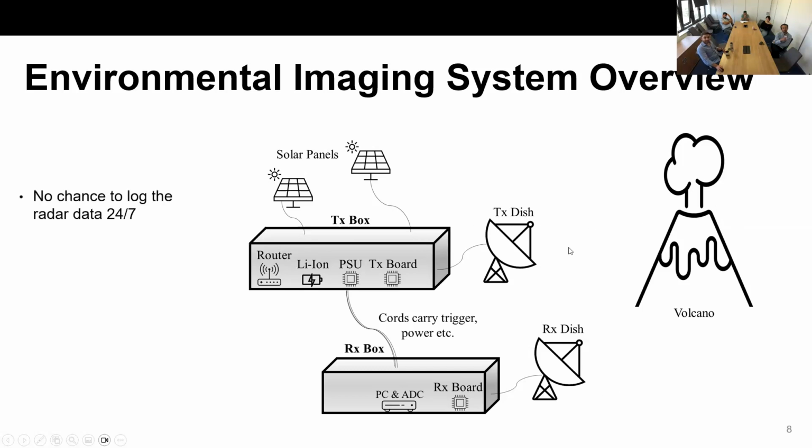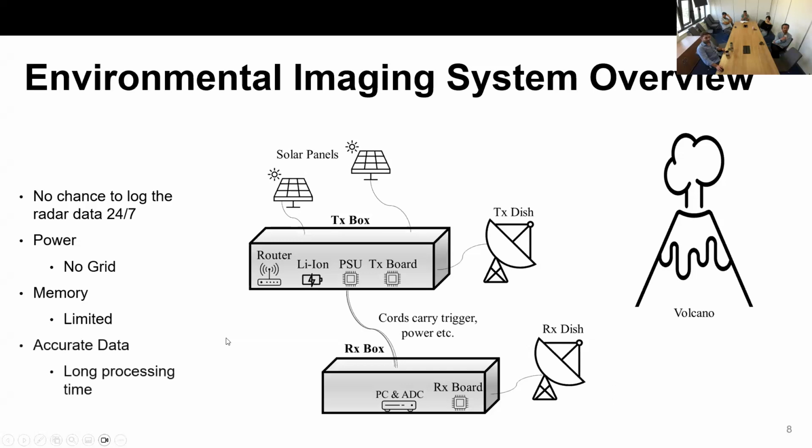But the main thing is we can't really run the radar 24/7 as there's no power. We are relying on solar panels, batteries, and the memory is limited with the solid disks that we have. So we don't really want to log all the data continuously.